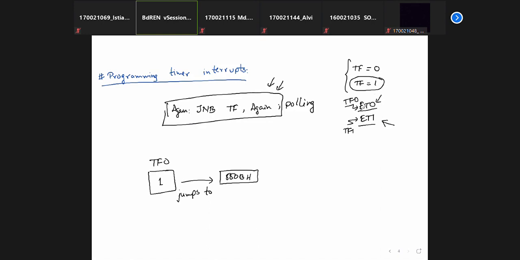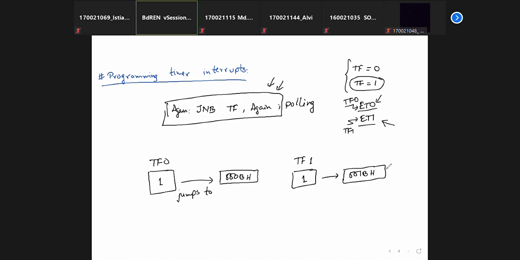Invoking the ET0 interrupt means your MuC will jump to this particular address. So if you have understood whatever I just repeated, tell me something. If TF becomes 1, then your MuC will jump to which particular address? So 001B. Right, 001BH. Thank you.